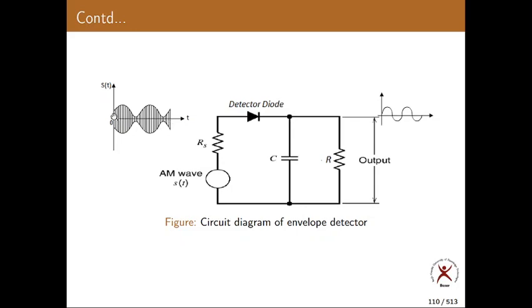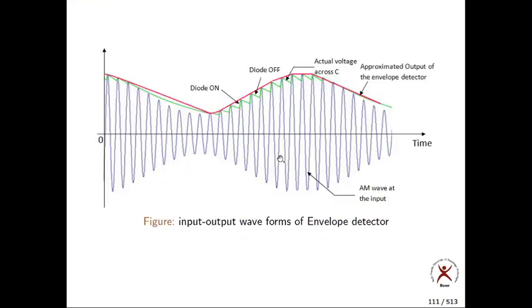When you apply a signal, during the positive half cycle of the carrier you get some voltage here, and here the voltage is 0, so the diode is forward biased. You replace it with a short circuit, and your capacitor starts charging because the source is connected to the capacitor. So the capacitor charges like this.